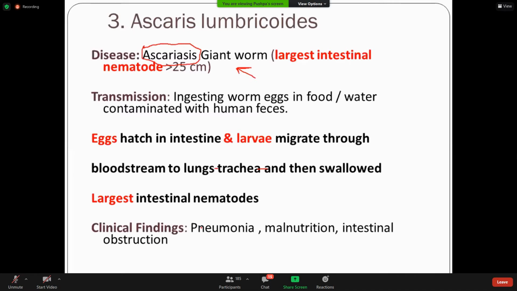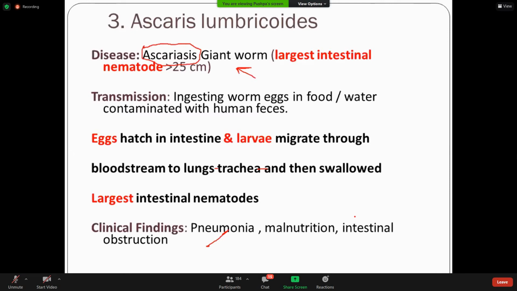Clinical findings: because it goes into the trachea and lungs, it can cause pneumonia, malnutrition, and intestinal obstruction, because they grow into large numbers, form bunches, and then they can block the intestine.